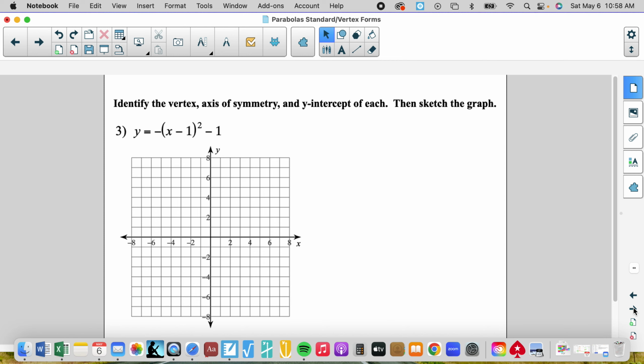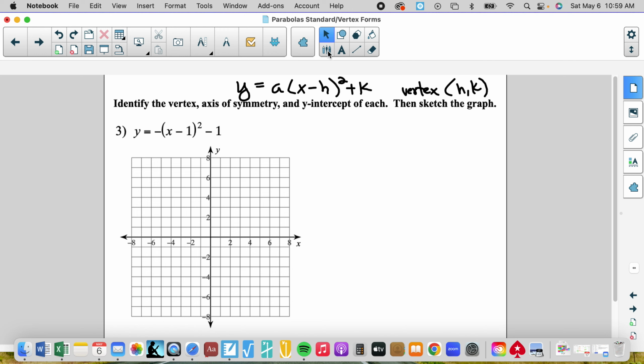Okay. Hopefully you got those right and you understand it. Let's talk about the vertex form. So vertex form, again, has a template, very much like standard. Vertex form is y equals a times the quantity x minus h, quantity squared, plus k, where your vertex is h comma k.